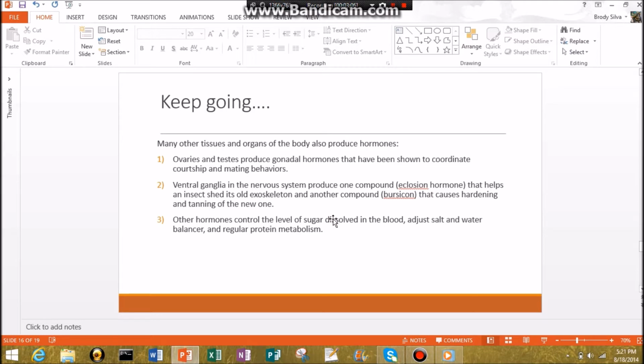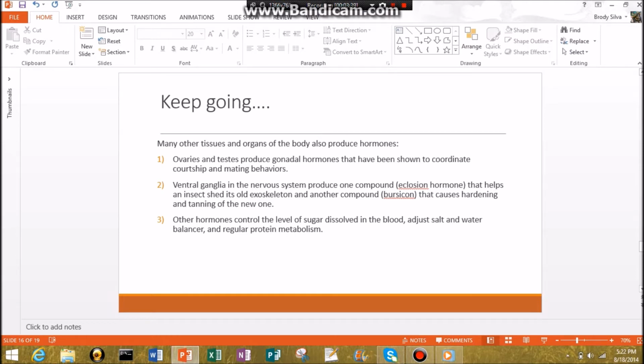Yet more information to learn. There are many other tissues and organs in the body that also produce hormones. Ovaries and testes produce gonadal hormones that have been shown to coordinate courtship and mating behaviors. Ventral ganglia in the nervous system produce one compound called eclosion hormone, very important, you'll learn about it later, that helps insects shed the old skeleton, and bursicon, which is another compound that causes the hardening and tanning of the new one.